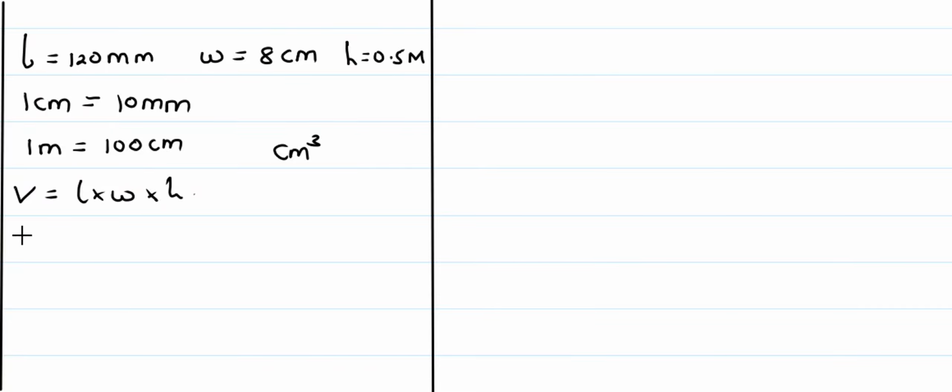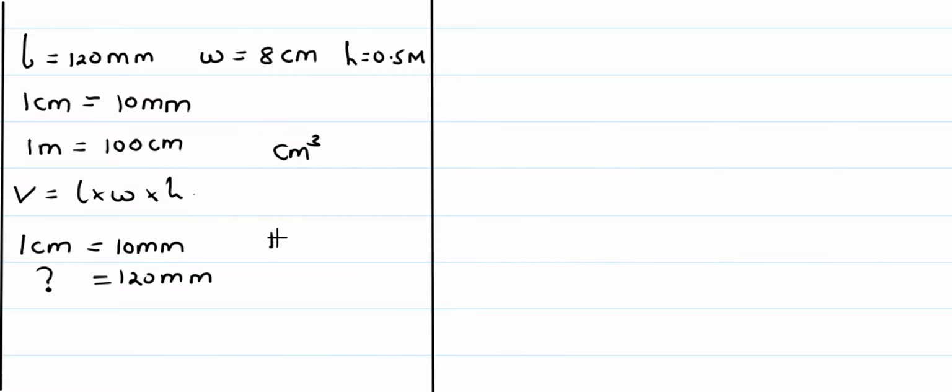So we ask ourselves, if 1 centimeter is equivalent to 10 millimeters, then 120 millimeters is equivalent to how many centimeters? To get the answer here, we need to cross multiply. We take this 120, multiply by this 1 centimeter, then divide by this 10.